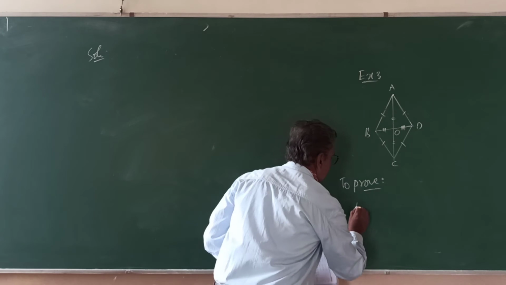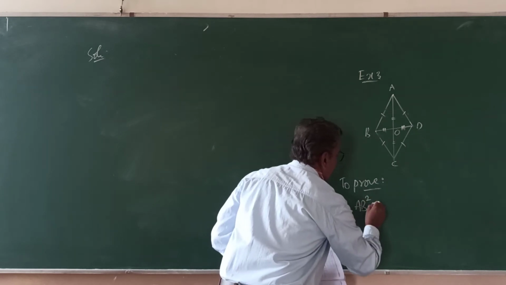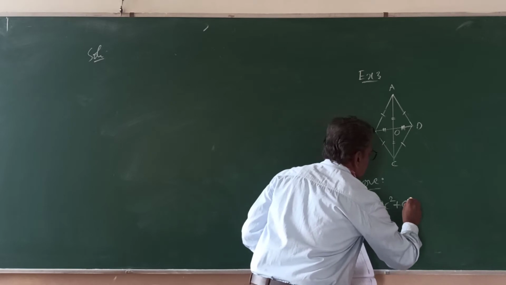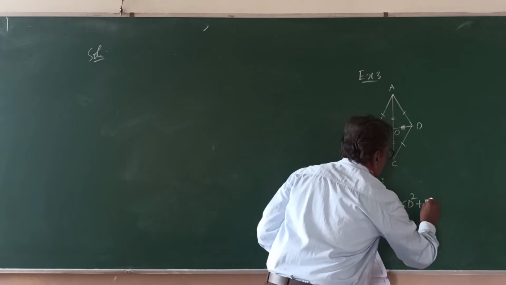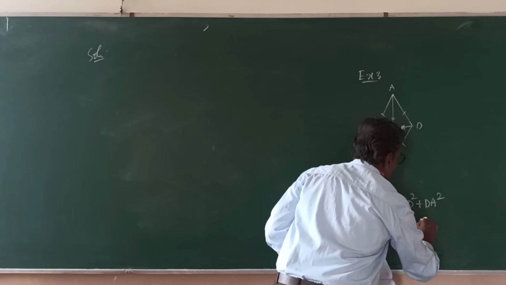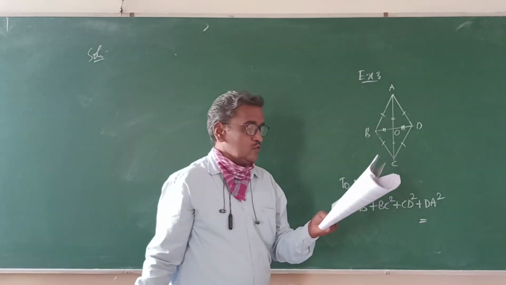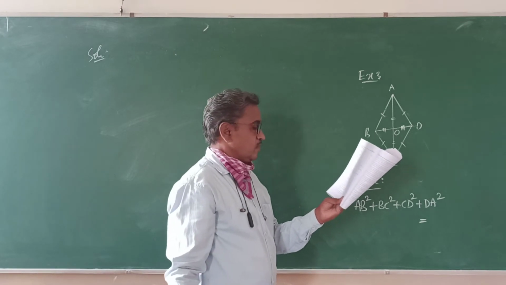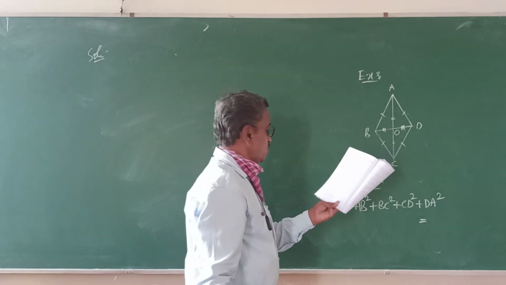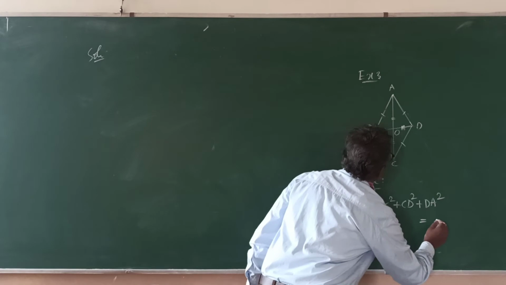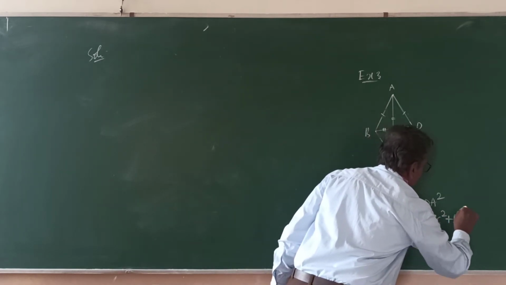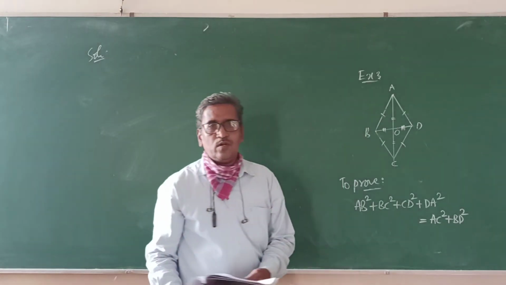That is AB square plus BC square plus CD square plus DA square equal to the sum of the squares of its diagonals, AC square plus BD square.